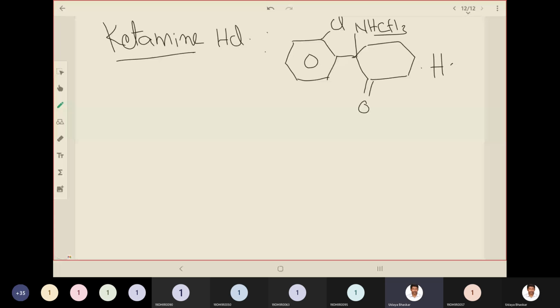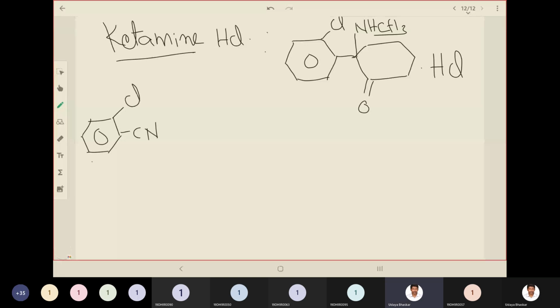So we need to learn the synthesis of ketamine hydrochloride. The starting material for the synthesis of ketamine hydrochloride is alpha chlorobenzonitrile. Observe the chemical structure. I need a starting material for this form. Cyano is an easy leaving group.